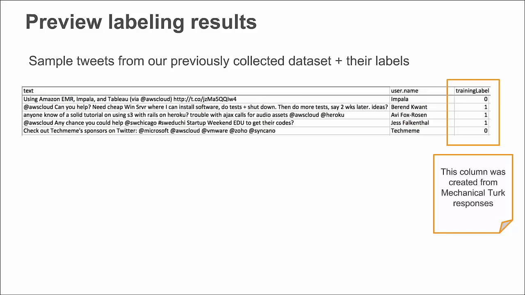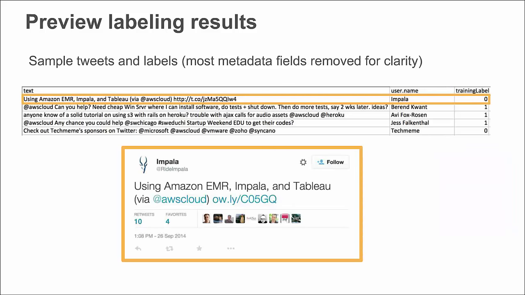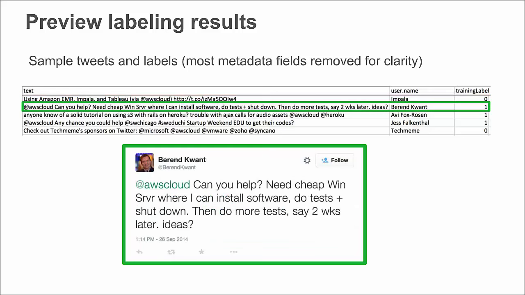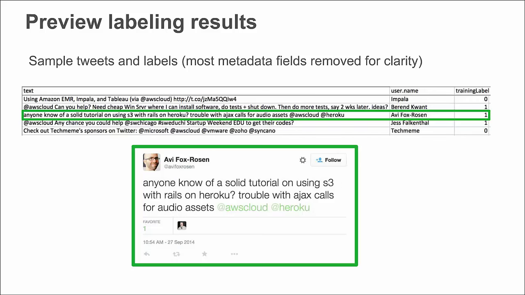Let's just walk through a few examples here. So here is a tweet, and our label is 0 because I'm saying here that this tweet is not customer service actionable. Here's another example. Clearly a customer who is requesting help. Yes, it is customer service actionable.